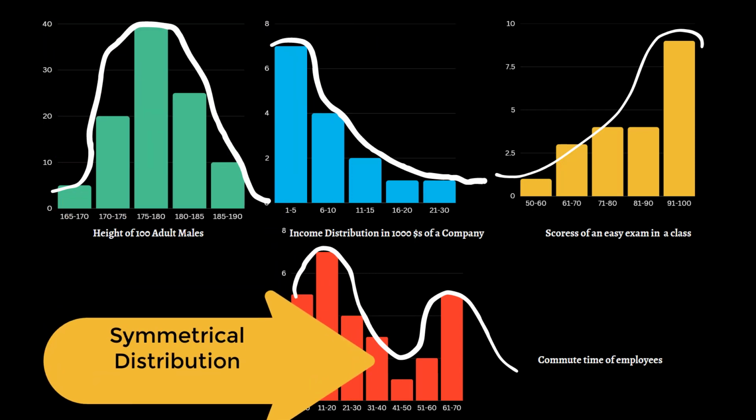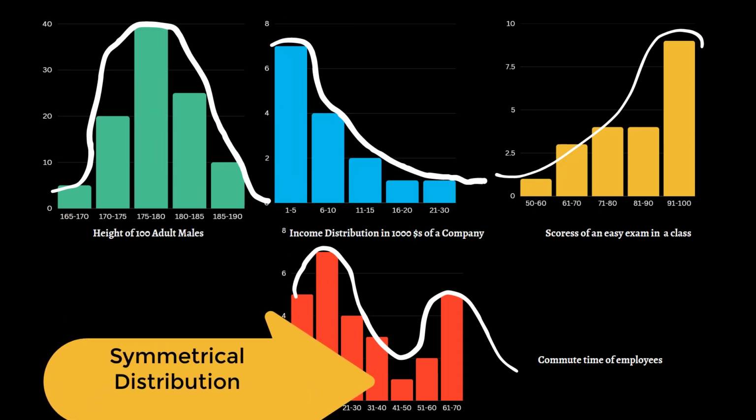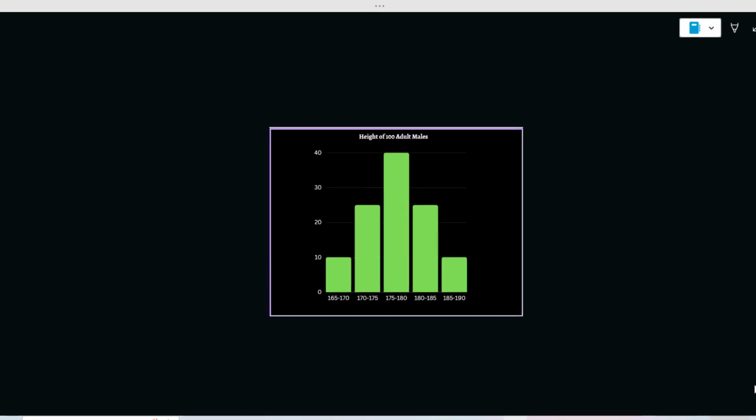We can arrive at estimated mean, median, mode using these shapes of distribution, and hence they form a very important concept in descriptive statistics.